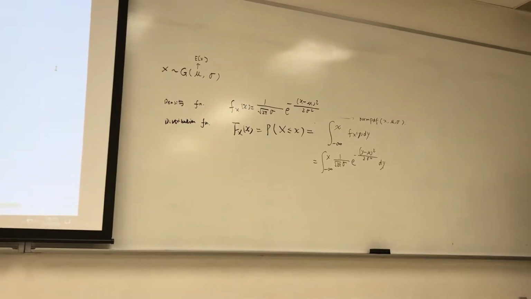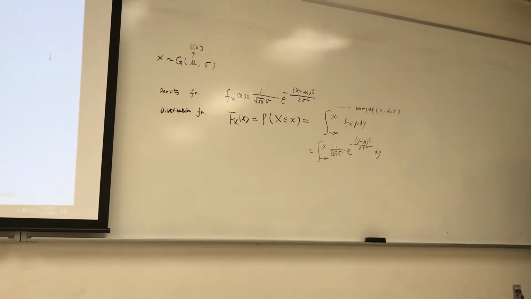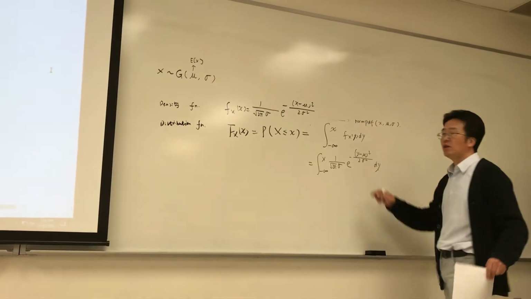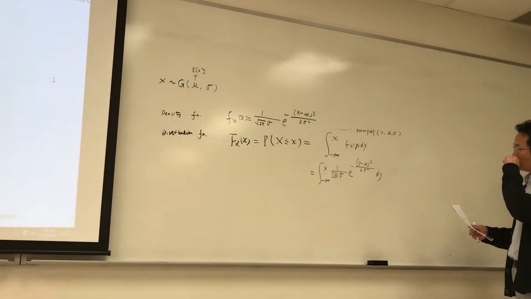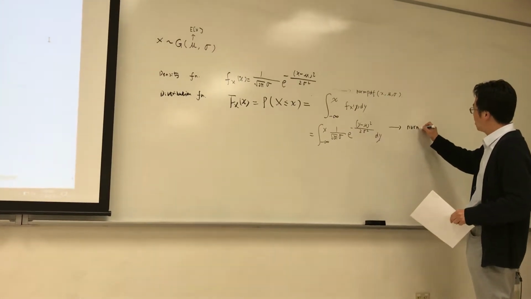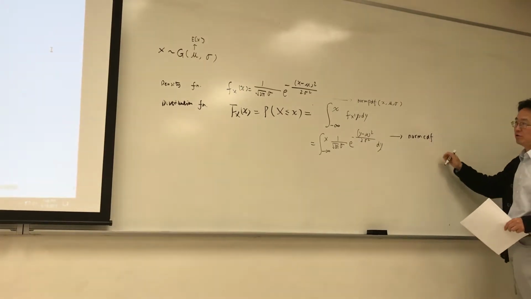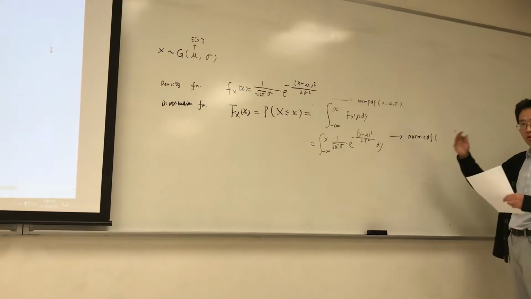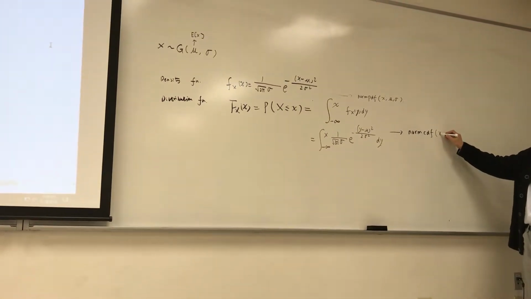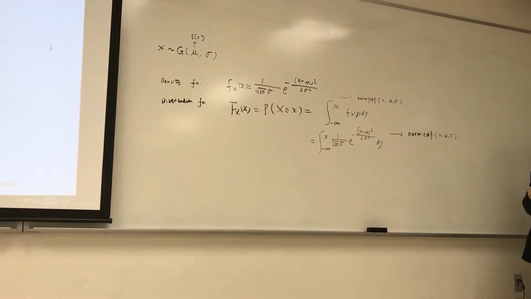We have to use numerical methods to evaluate it. And the corresponding function is called norm CDF, cumulative distribution function, okay? It also has the same input arguments, which will be x, mu, sigma.